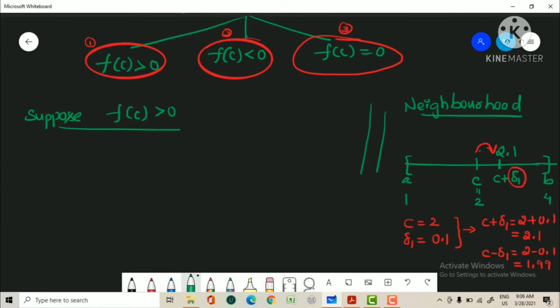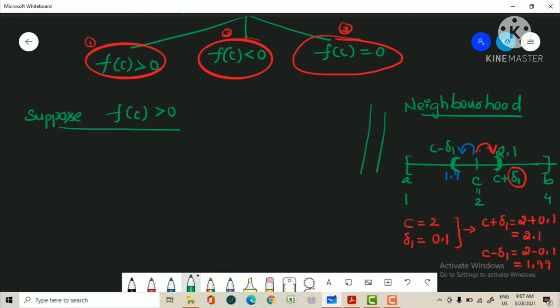In a similar way, when you subtract 0.1 from c, you will move to the left hand side, and you will get 1.9 as the point, and that you call c minus delta 1. Okay, now we have got an interval, c minus delta 1 and c plus delta 1.